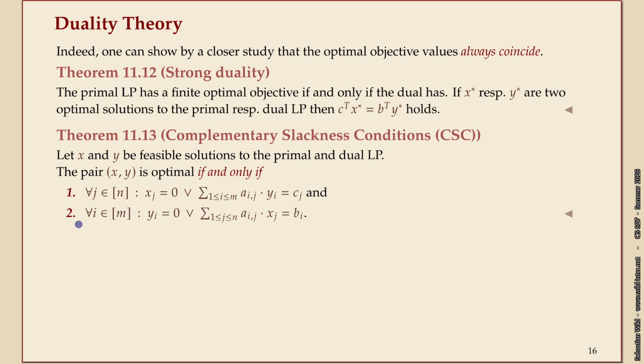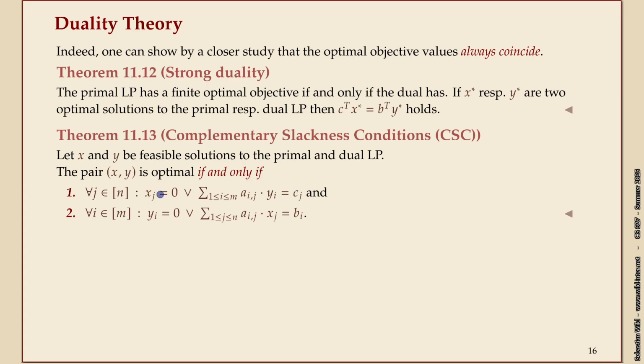So for every index j, either xj in the primal is at 0, so it's kind of tight on its non-negativity constraint, or the corresponding inequality in the jth constraint in the dual is tight. So here you have equality, and that's not helpful, I guess.